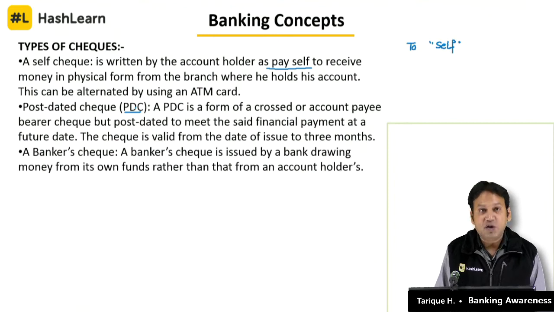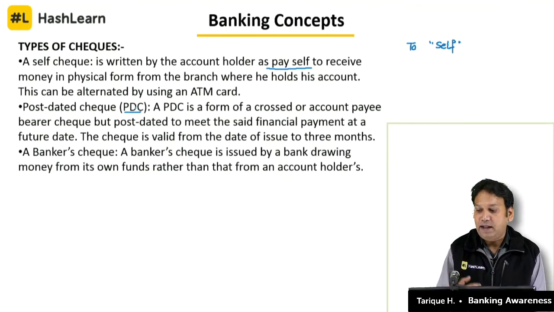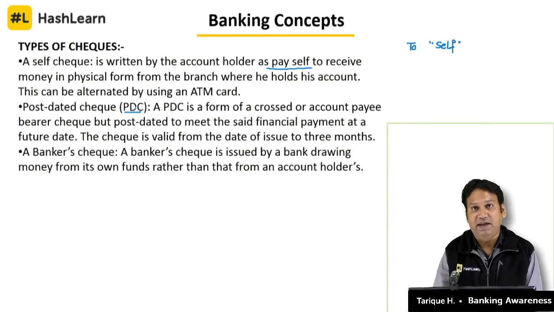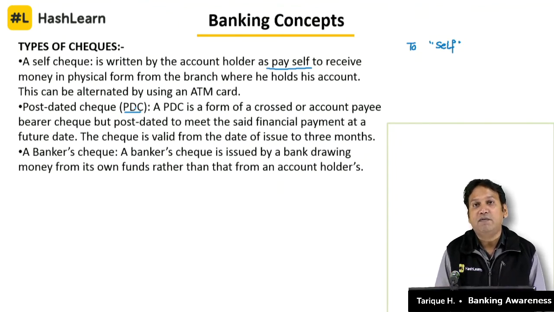A banker's check is issued by a bank drawing money from its own funds. Usually what happens when we give a check, there is an account holder who is issuing the check and there is a person to whom the check is being given, and the amount will be transferred to the account of the payee, the one who is going to receive the money. The amount is deducted from the account of the person who is issuing the check and goes to the account of the recipient, the receiver of the check.